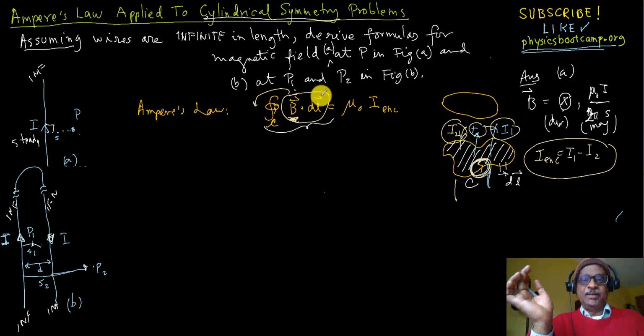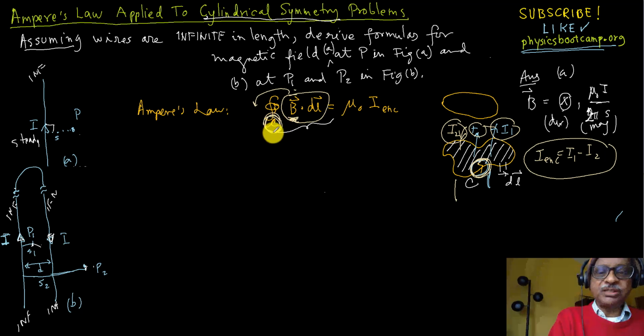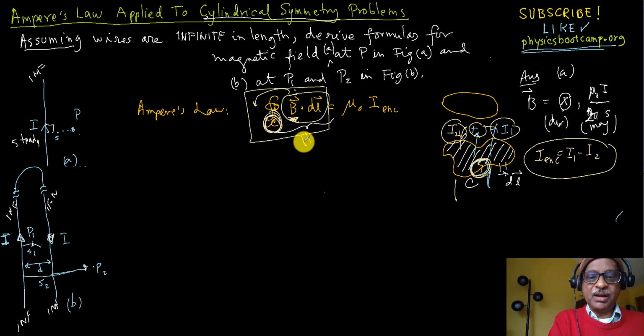So the loop has to be chosen properly so that B does not change on the loop. Maybe on the loop it has the same value of B. So B is the same at all points of the loop, times the length of the loop.